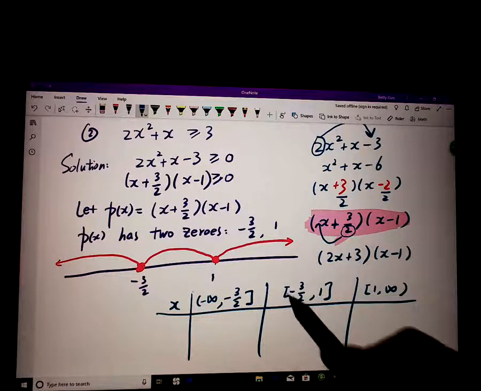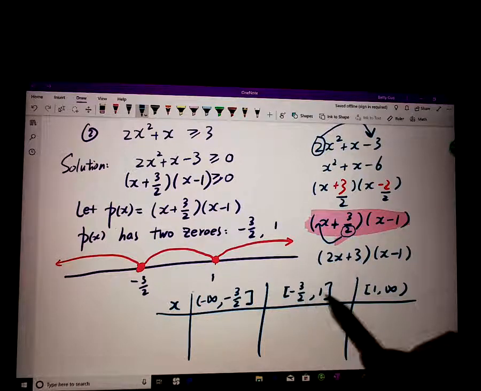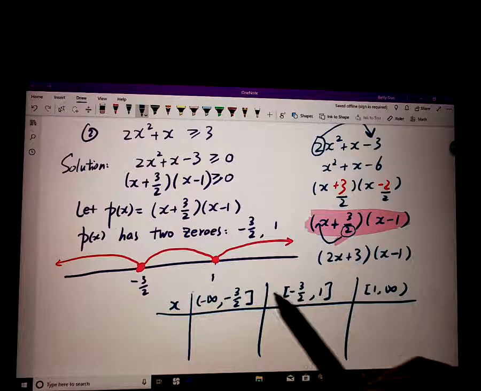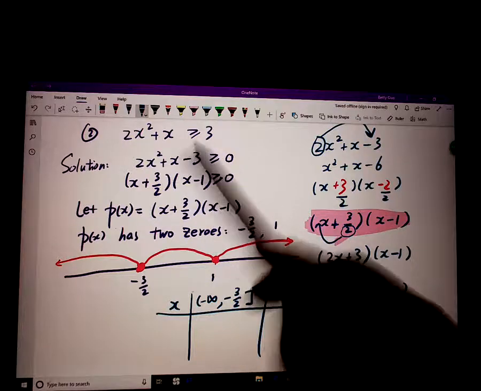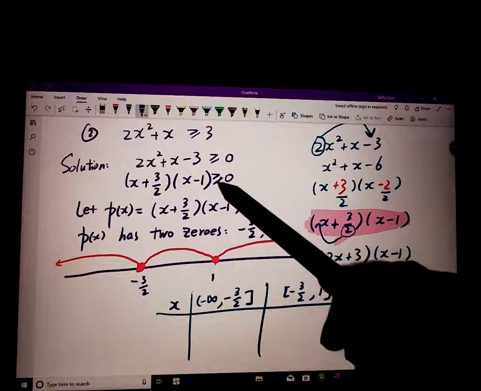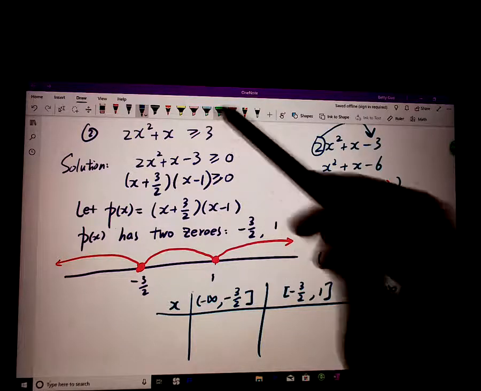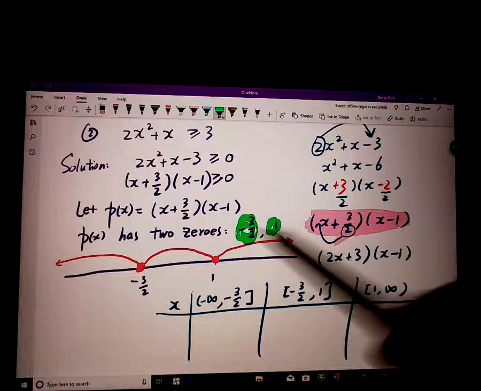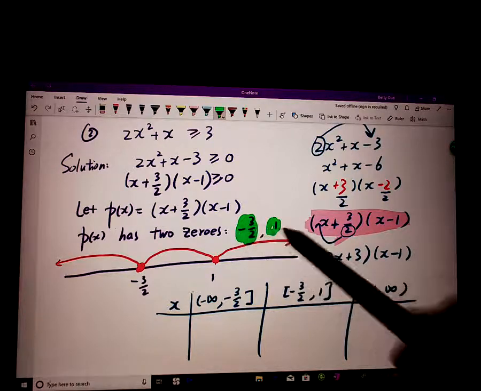Why do we consider the two zeros here? In the previous example, we used open intervals, right? How come here we use closed? Because if you look at the original inequality, you would know negative 3 over 2 and 1 are in the solution set.